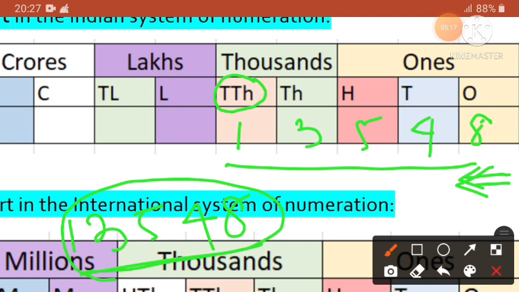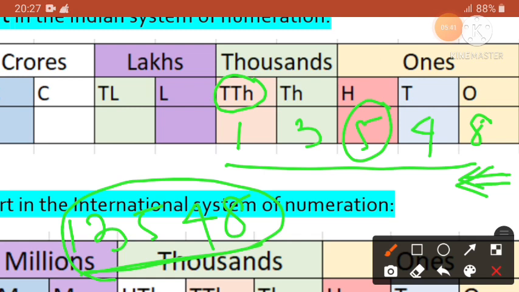Now, if the question is to find the place value of all these digits, we have to find them one by one. What is the place value of 5 here? We know place value equals face value into place of the digit.